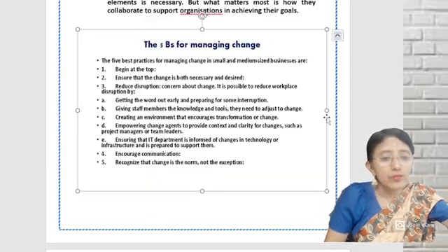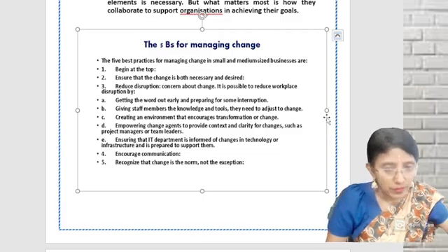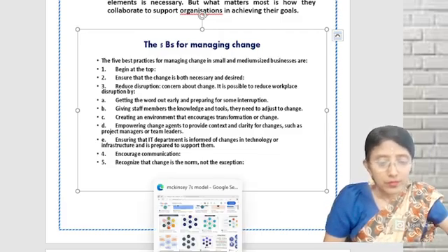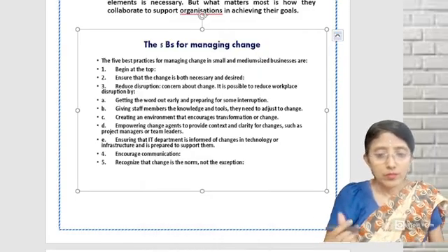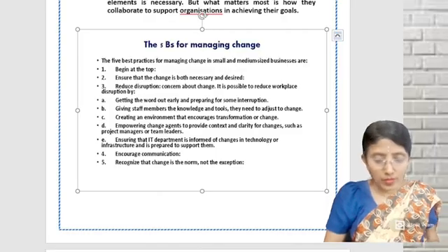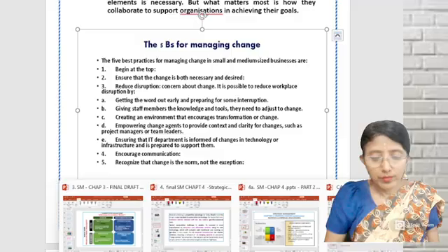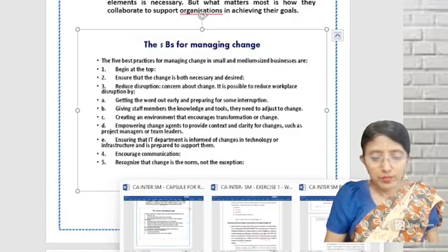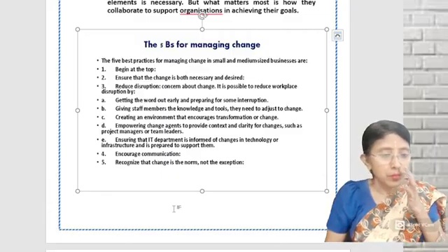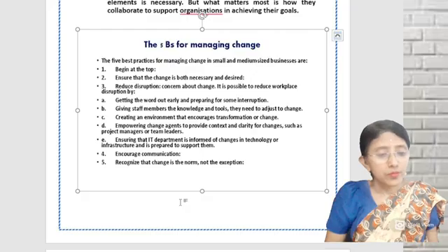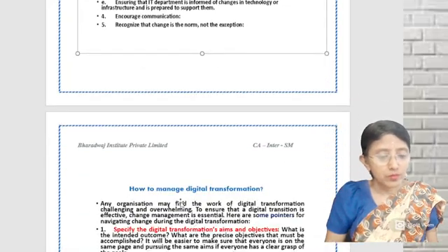The 5 best practices for managing change in small and medium-sized businesses are: begin at the top, ensure that the change is both necessary and desired, reduce disruption. Concern about change. It is possible to reduce workplace disruption by A. Getting the word out early and preparing for some interruption. B. Giving staff members the knowledge and tools they need to adjust to change.